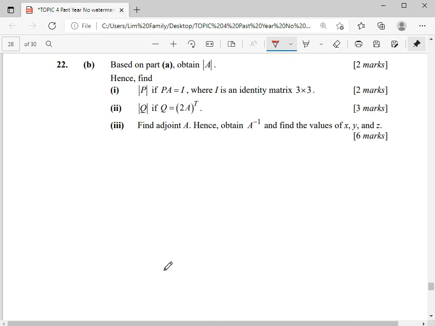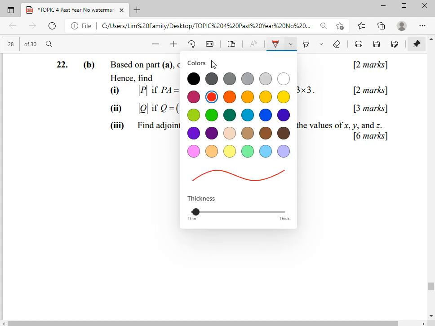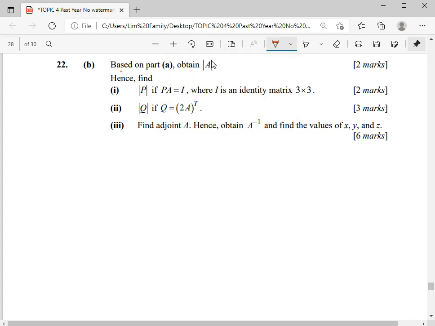They said from the A, we are going to obtain determinant A first. So this one we have to answer first, then only we say hence. They say hence, okay, use this information to answer B1, B2, B3.